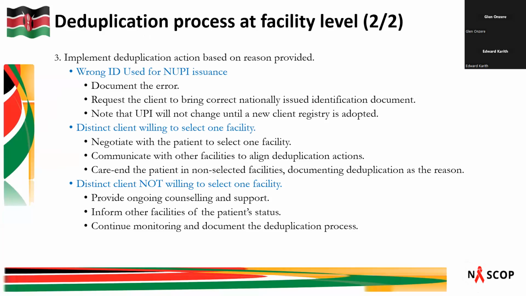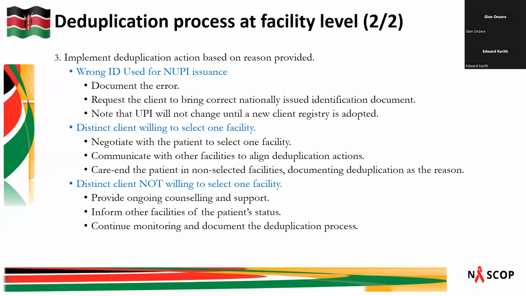The first one was wrong ID used for NUPI issuance. So the healthcare provider will document the error. Then they will request the client to bring the correct national identification. Then something to note is that the UPI will not change until we move to the new client registry.